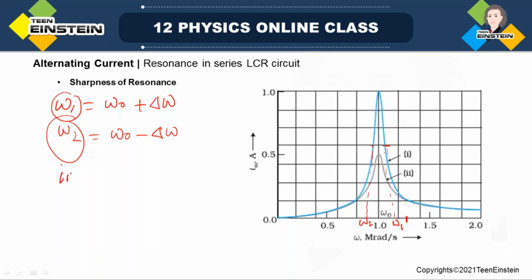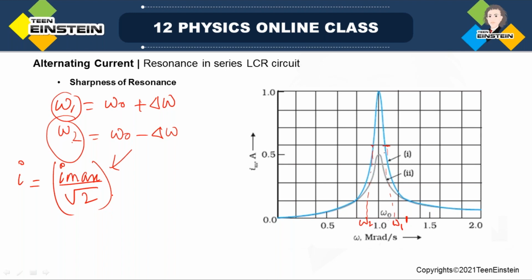How do we define omega 1 and omega 2? We define them such that the current in the circuit becomes 1 by root 2 of the maximum value. So I define two frequencies on either side of the resonance frequency, omega 1 and omega 2, where the current becomes 1 by root 2 times the maximum current.